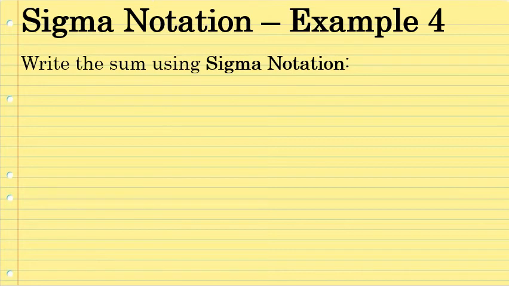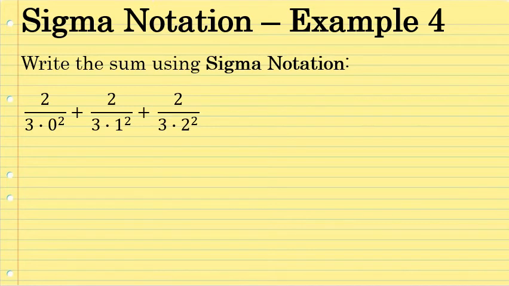Let's finish with one final example of writing a sum using sigma notation. In this example, the sum involves fractions. The first term in the sum is 2 over 3 times 0 squared, then 2 over 3 times 1 squared, 2 over 3 times 2 squared. Perhaps you can see the pattern already.